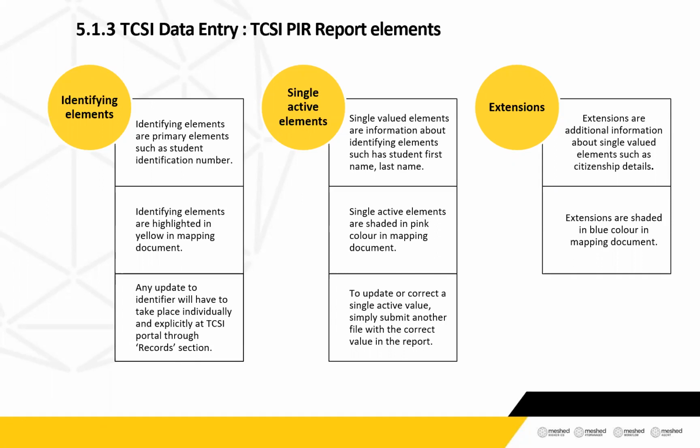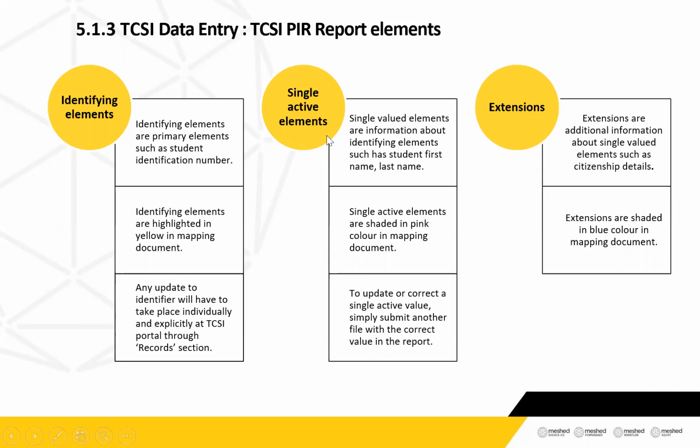But after reporting, you realize that that ID was wrong. You'll have to update his ID from 1234 to 123456. That sort of data, you can update manually on the TCSI portal under the record section. But make sure you have also corrected data in the Mesh platform as well. So data will remain consistent and you won't have any issues in your future reporting. Okay. So that is all about identifying elements.